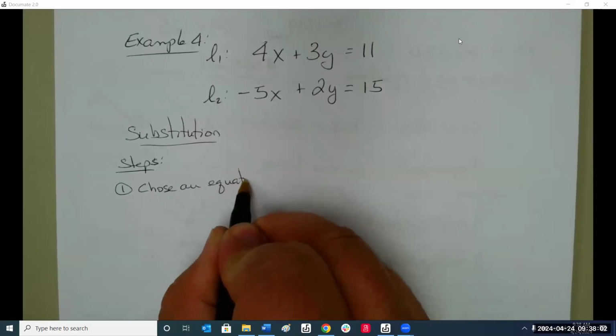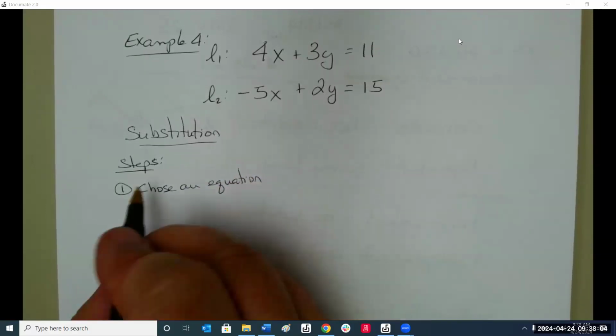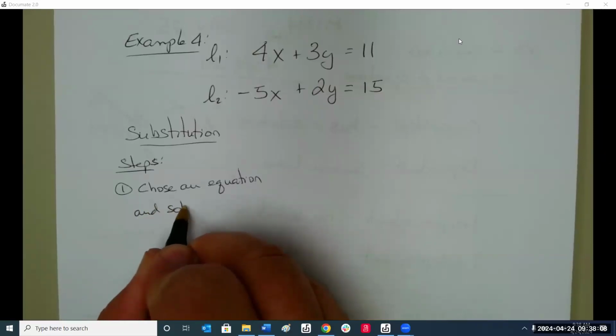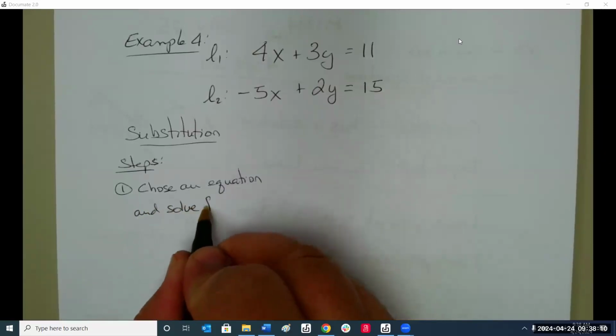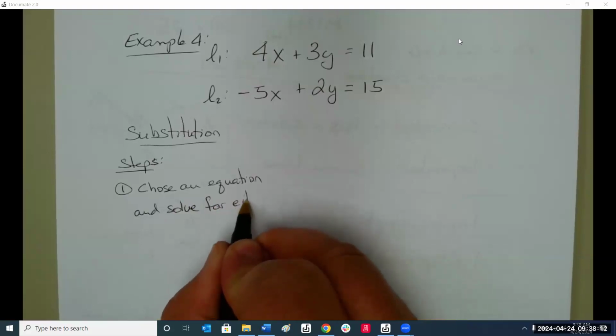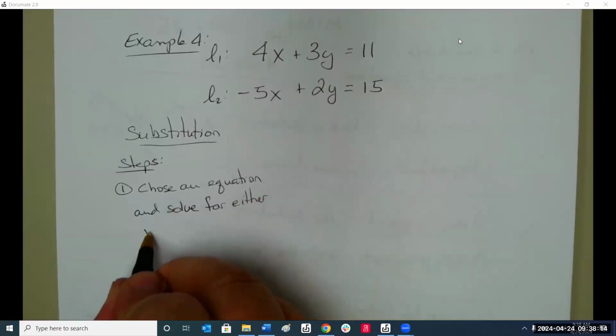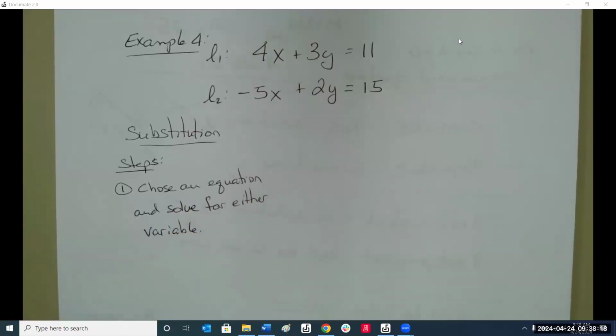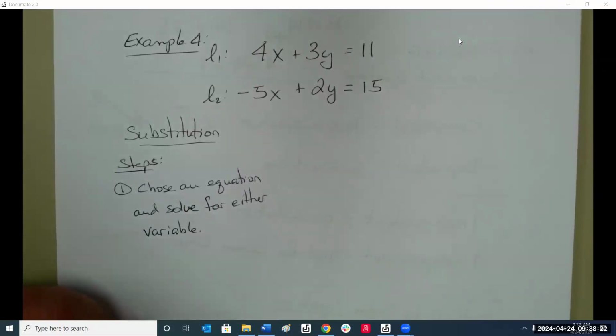Choose an equation and solve for either variable. So which one looks easiest?